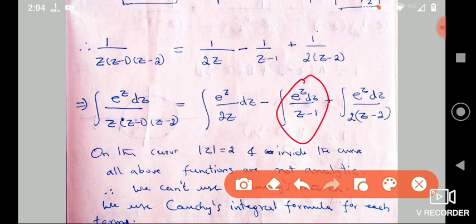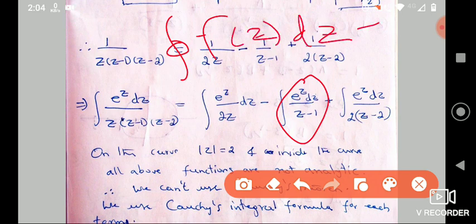You remember what Cauchy's theorem is, right? Cauchy's theorem says the integral of f of z dz will be equal to 0 if you have a simple closed curve and f of z is analytic. But here, is f of z analytic? No, f of z is not analytic when z is equal to 1.